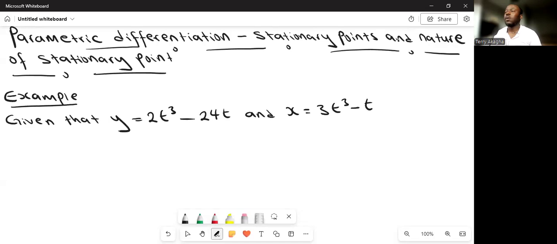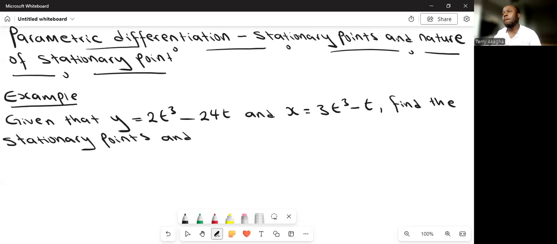All right. We're now told to find the stationary point and determine the nature of this point.